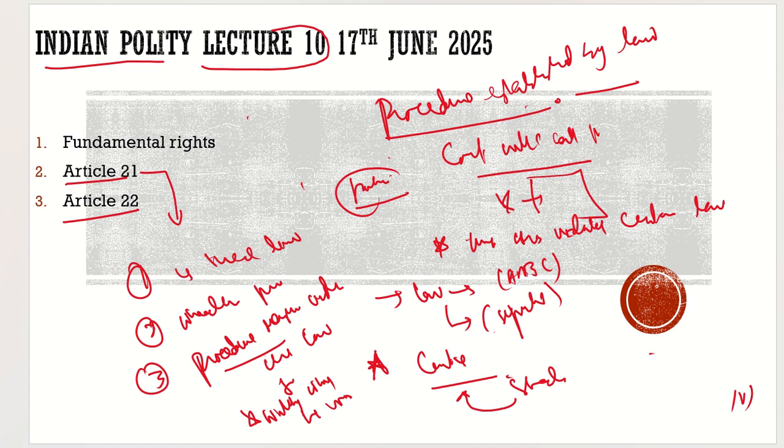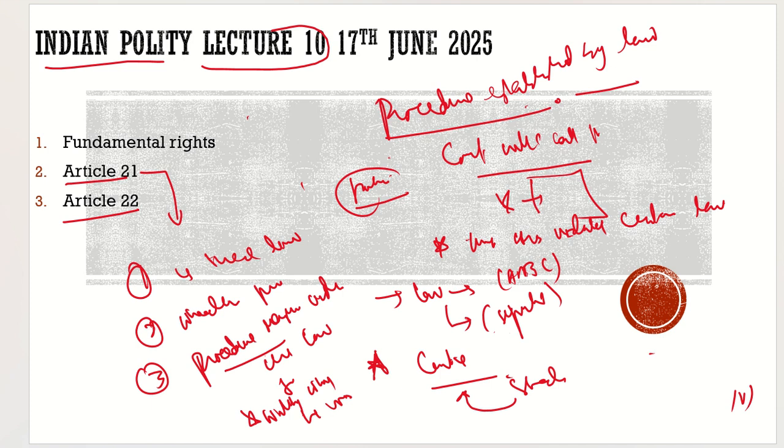This is the restriction to the fundamental right, Article 21. Suppose you are being arrested, suppose your fundamental rights are to be violated, the court will ask these three questions. This is procedure established by law. First, if there is any law that you had violated. Second, whether the law which was violated was framed by the competent authority.